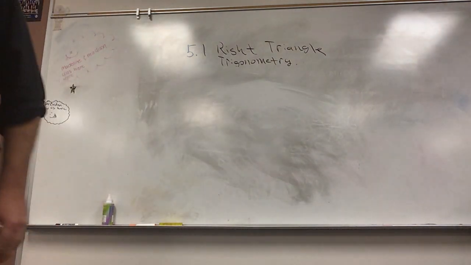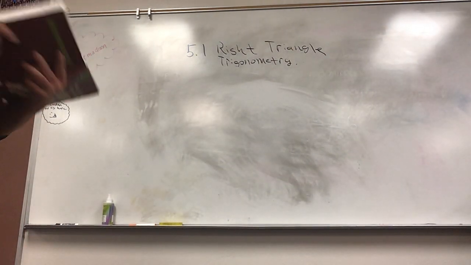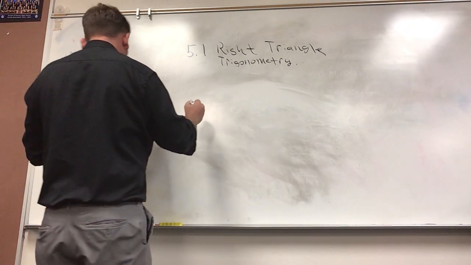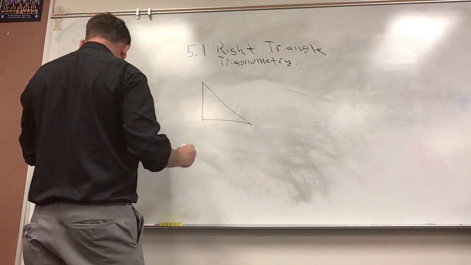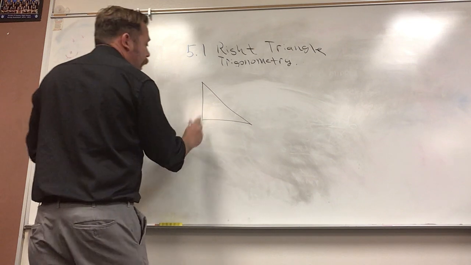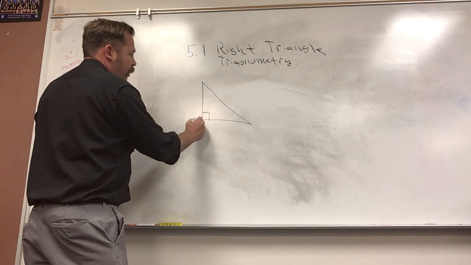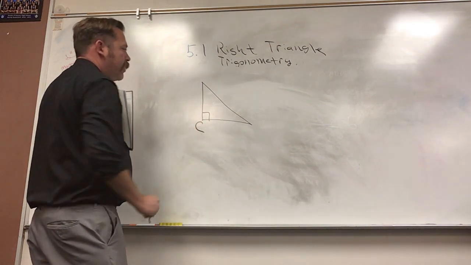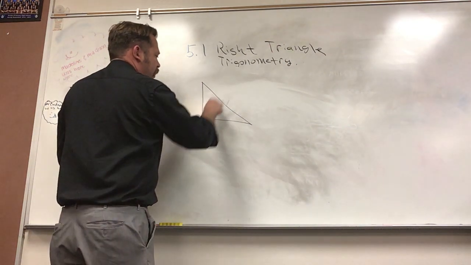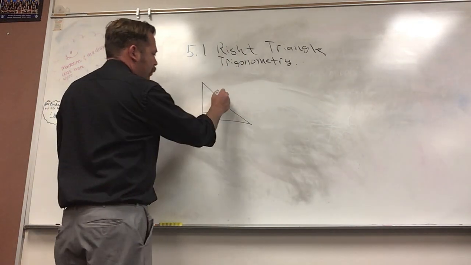Okay, next triangle. Let's say, here we go, right triangle. Typically guys, for a right triangle, we always call the 90-degree angle C. That way, the side opposite from that 90-degree angle is little c.